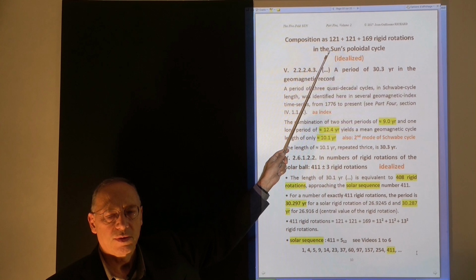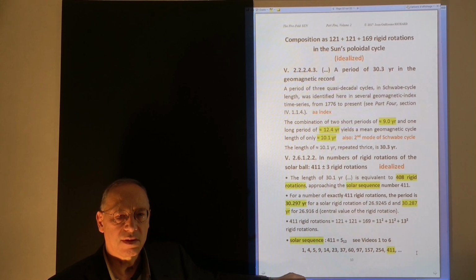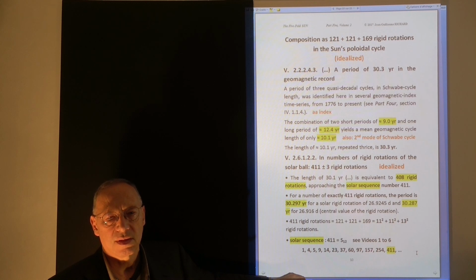This period is composed, as was already stated, as the sum of 121, then again 121, and then finally 169 rigid rotations when idealized, i.e. 9.0 years twice and 12.4 years as a final third long cycle. The average of the sum, 30.1 or 30.3 years idealized, is also the second mode of the length of the Schwabe cycle, as we saw earlier.